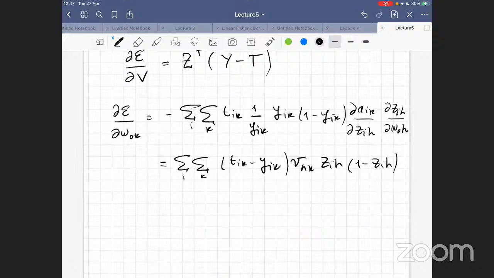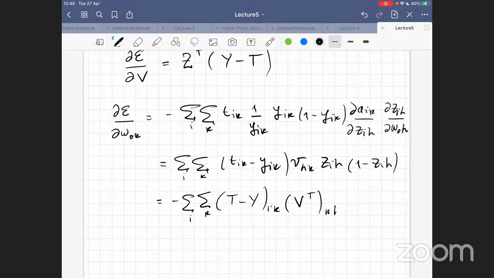And this can be written in a matrix form like this: (y_ik minus t_ik), matrix V transpose kh, times the rest.